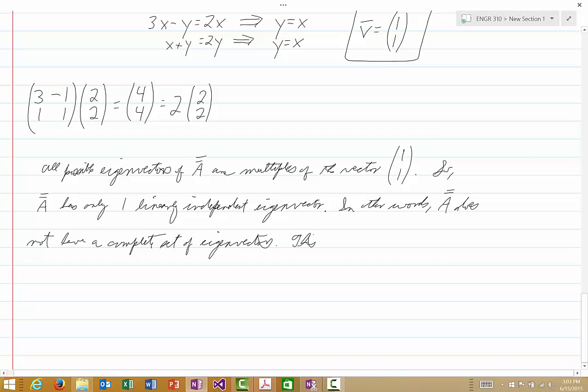This can happen only when A has a repeated eigenvalue.